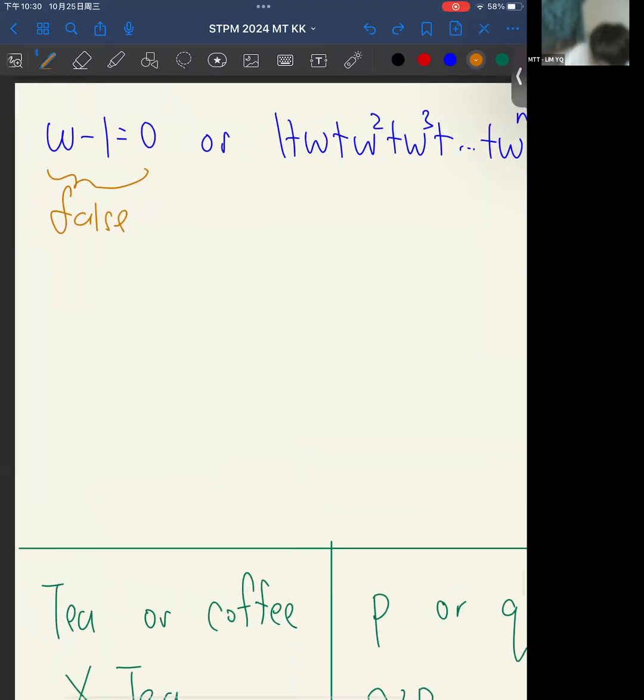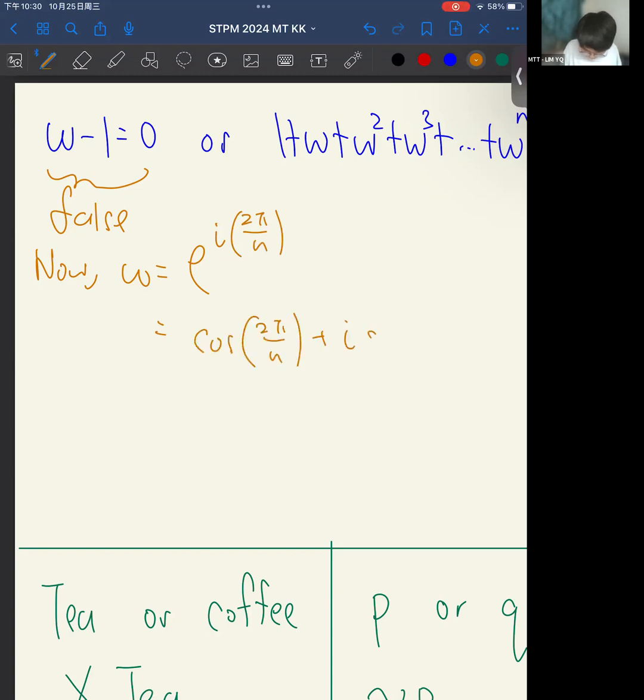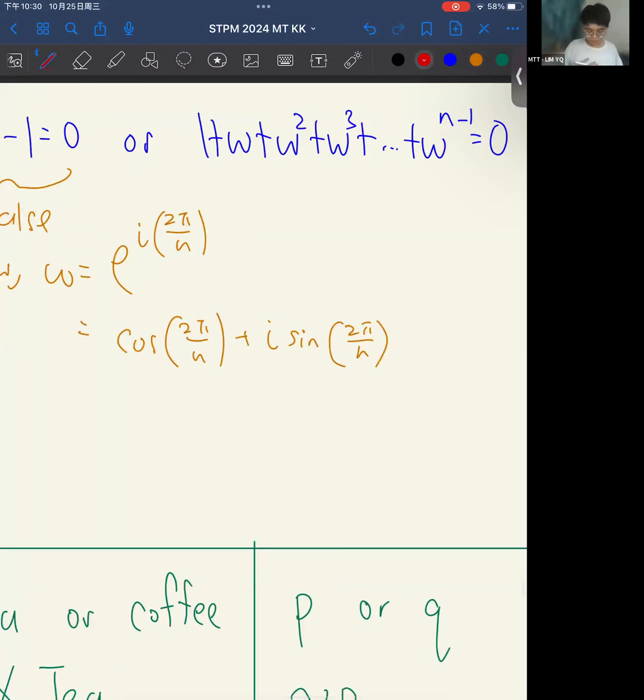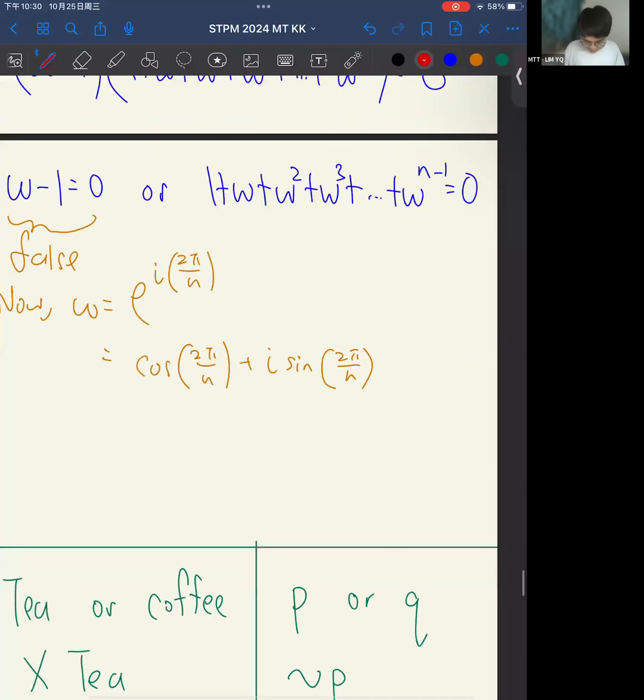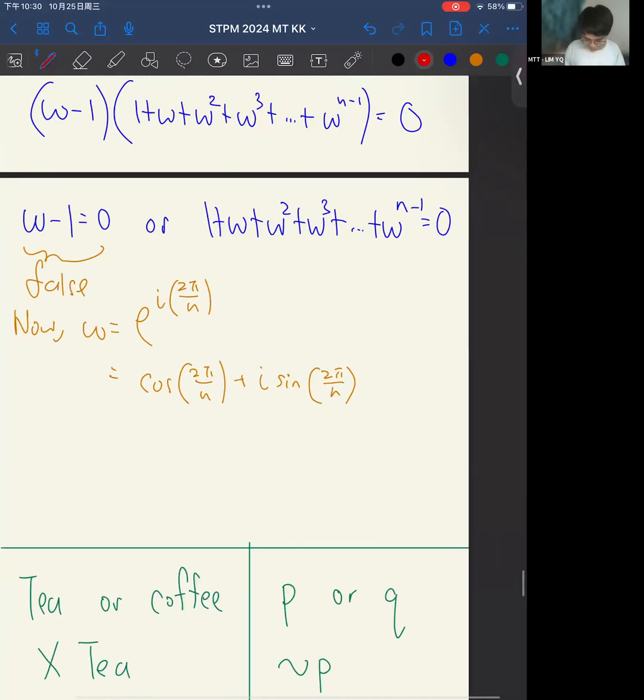Now I start by this. W equal to what? W equal to e^(i2π/n), right? Or you expand it, it becomes cos(2π/n) plus i sin(2π/n).